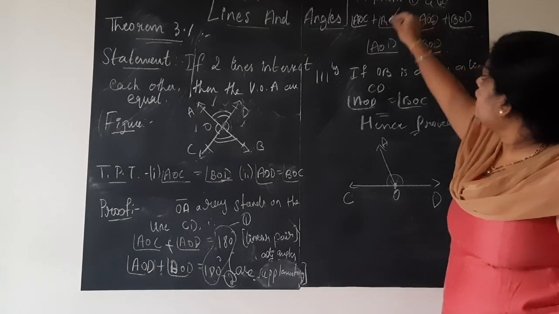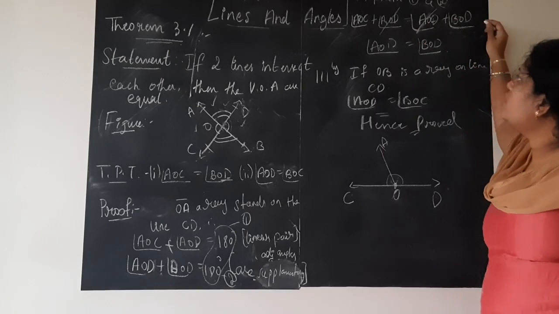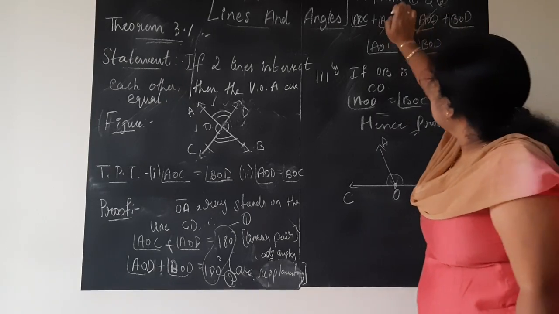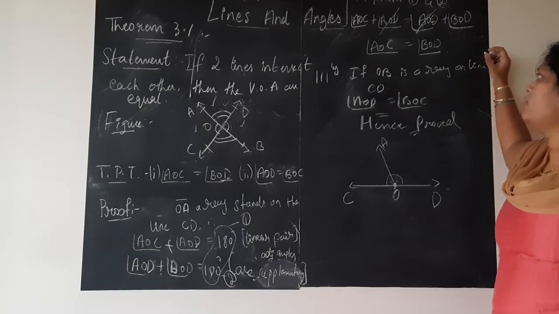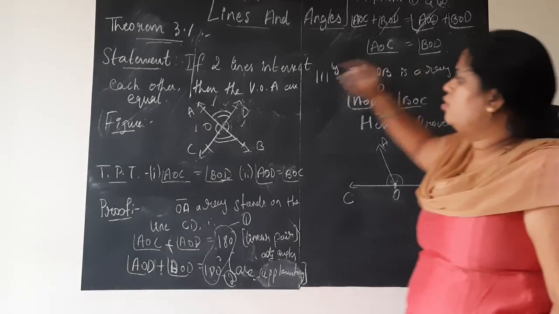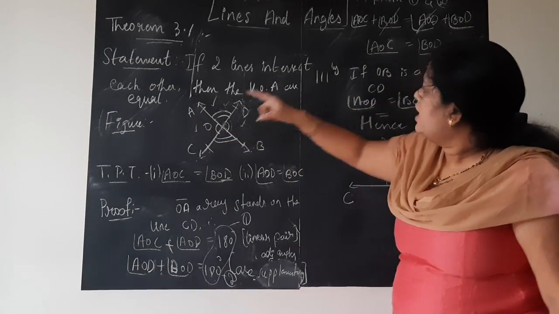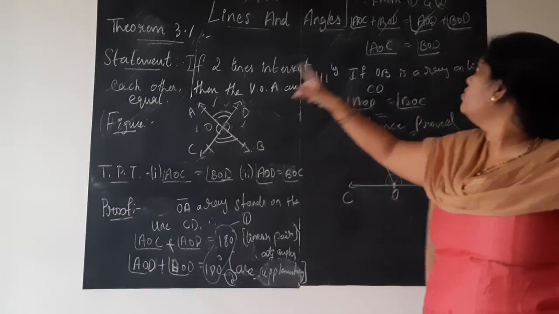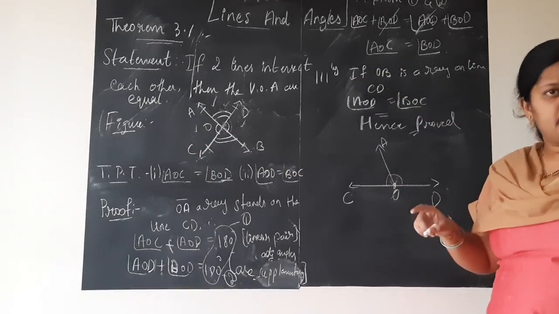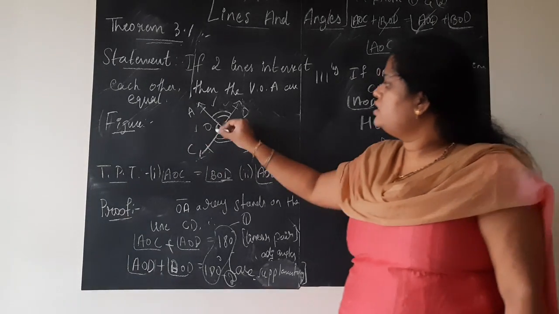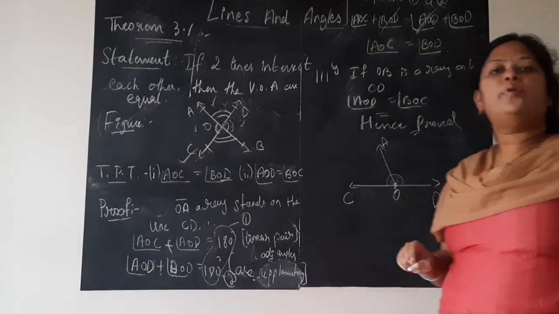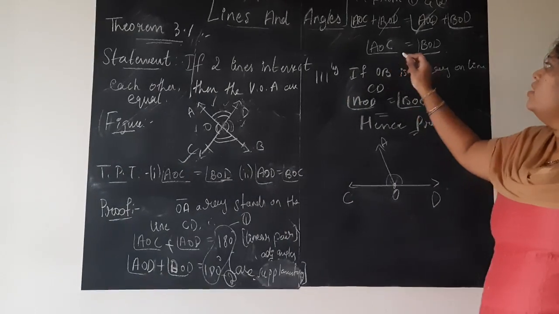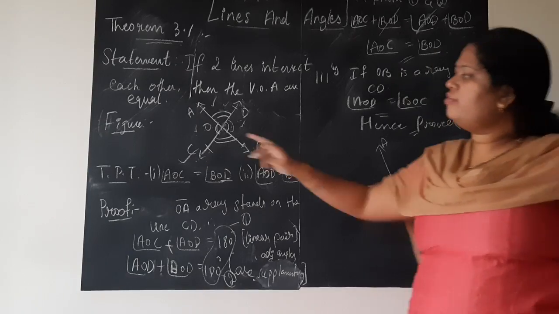Now angle AOD and angle AOD you can cancel off. Then you will be left with angle AOC is equal to angle BOD. Go back to the figure. We got angle AOC equal to angle BOD, which means these two vertically opposite angles are proved equal. So this is one pair of vertical angles.